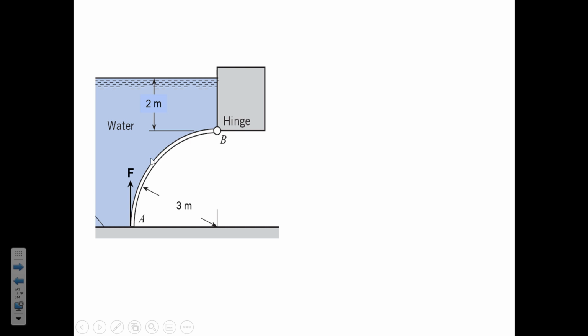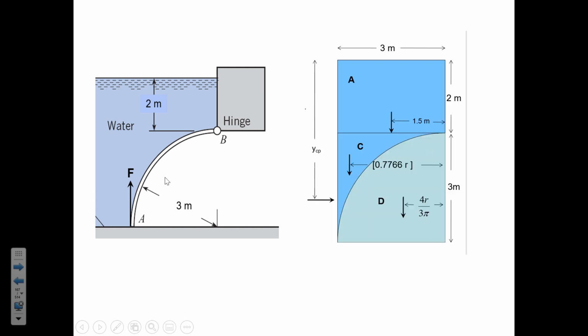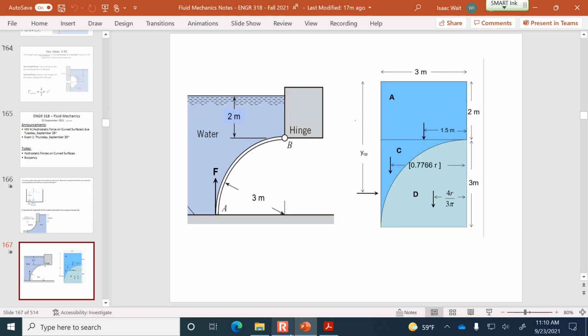In this case, the vertical projection had a height of 3 meters, because 3 meters was the distance from this centerpiece up to B. So the horizontal forces are equal to the weight of the water that would act on the vertical projection, and the vertical forces are equal to the weight of the water that's above the gate. And so we had to break that volume of water above the gate into equivalent pieces, into components.